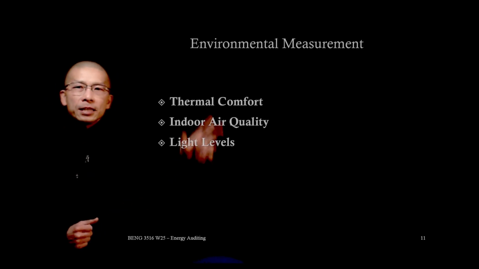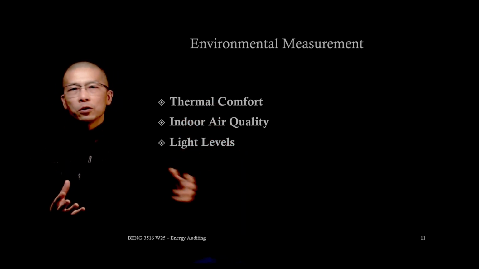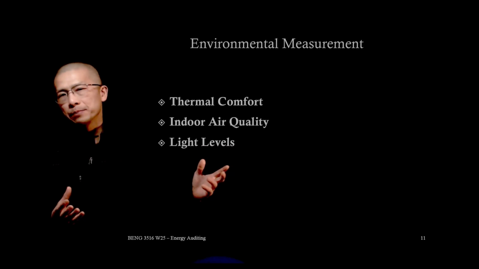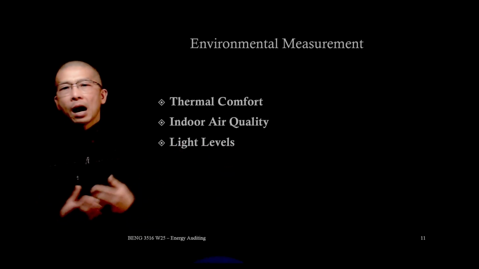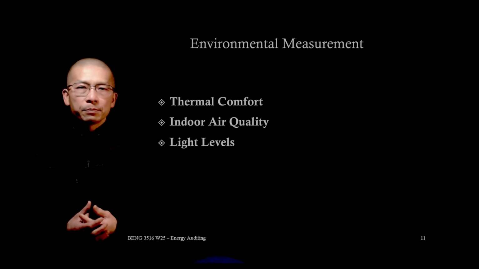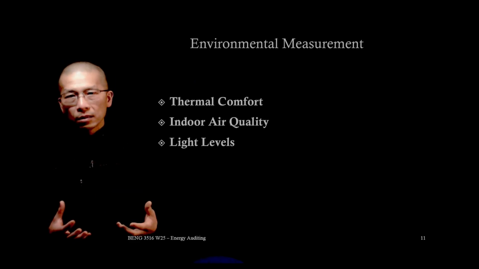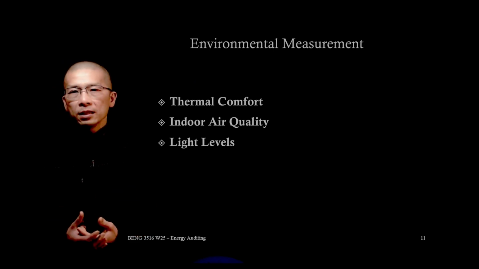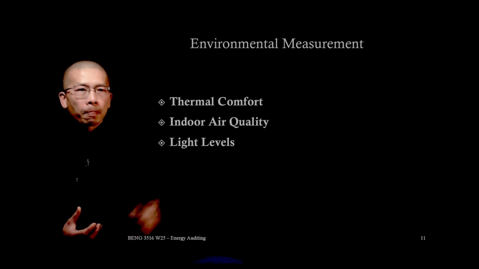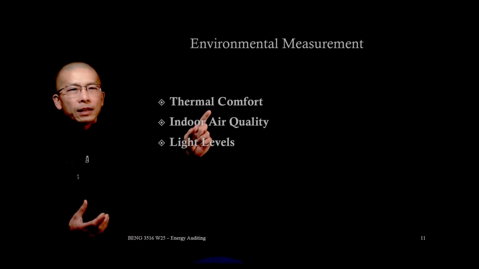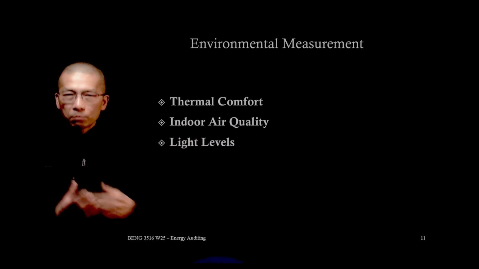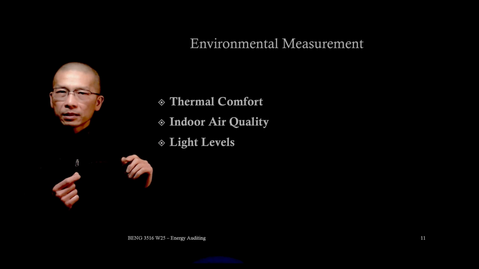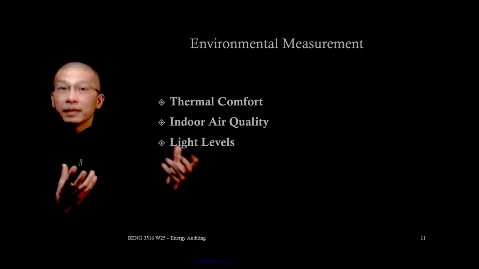These are the important environmental factors and measurements that can be made during an energy audit or assessment to evaluate how well a building or space is performing in terms of comfort, indoor air quality, and lighting. And we have indoor air quality, which is mostly related to ventilation.